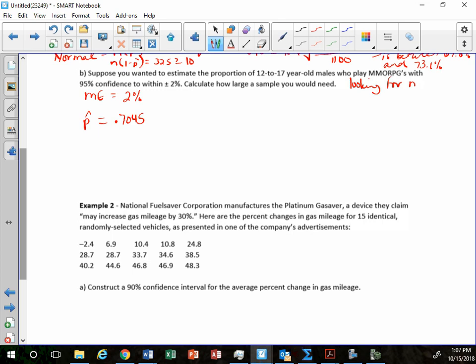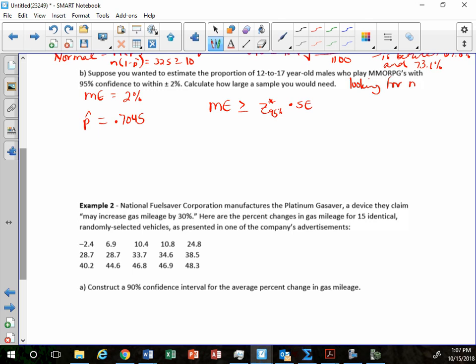So the formula: margin of error has to be, we always set it greater than or equal to our z crit, which was 1.96 for 95%, times our standard error.